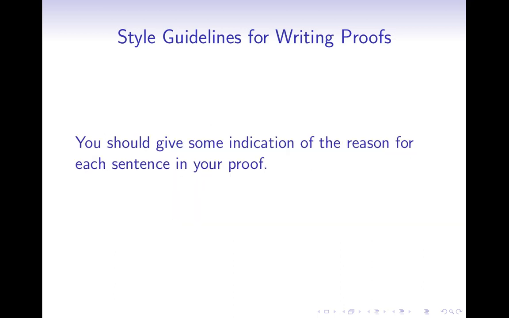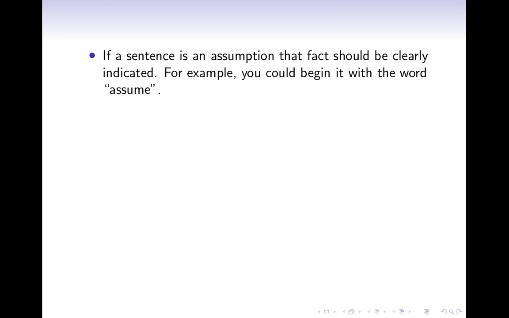Okay, second guideline. It is a good idea to give some indication of the reason for each sentence in your proof. If it's an assumption, that should be clear. You could begin it with the word assume.